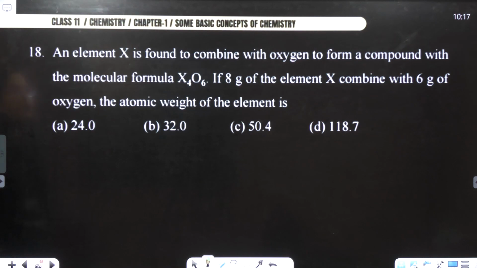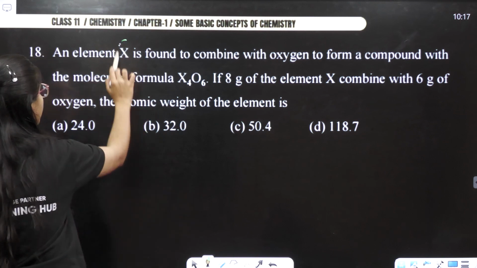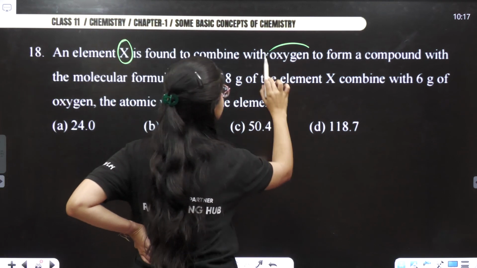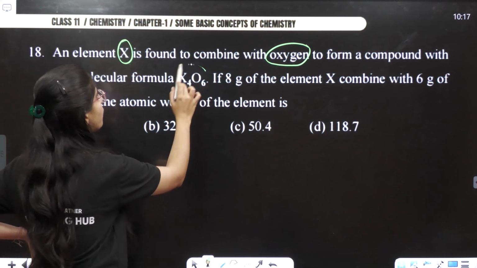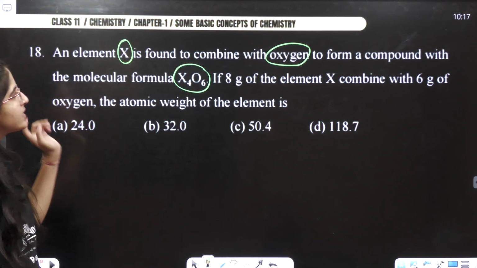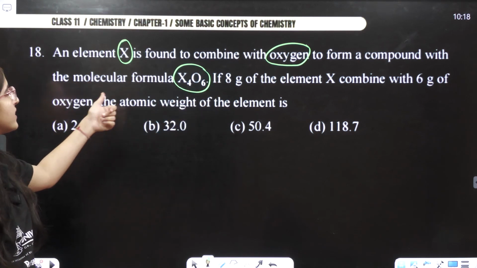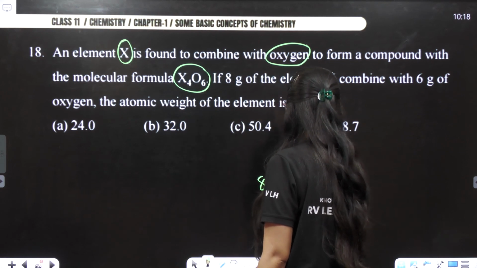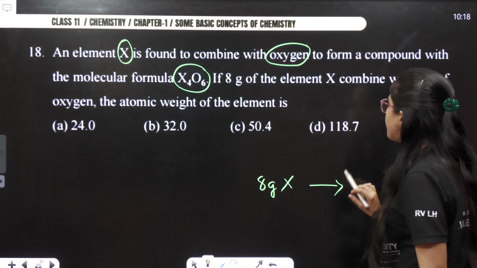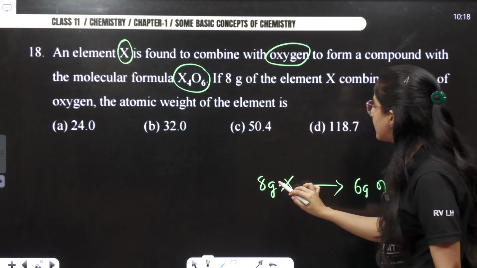Next question. An element X is found to combine with oxygen. So there is an element X, it is combining with oxygen to form a compound with the molecular formula X4O6. Now they are saying if 8 grams of element combine with 6 grams of oxygen, what is the atomic weight? So what they have given: 8 grams of X combines with 6 grams of oxygen. Correct?